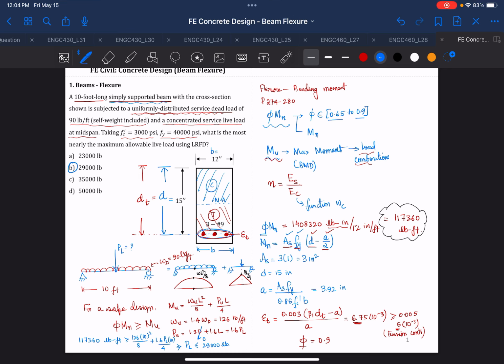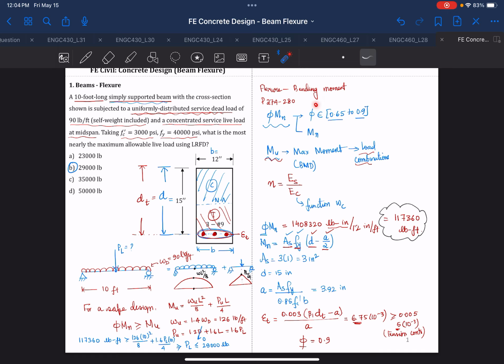Okay, so these are the types of questions that you may expect from your concrete beam flexure. All you need to know is phi Mn, how to calculate phi Mn, and how to calculate Mu. For phi Mn, remember that for phi, you need to know whether it is tension control, transition, or compression control.